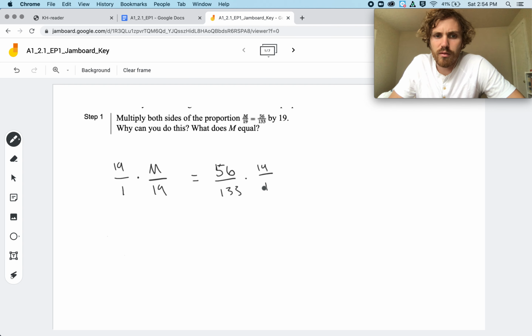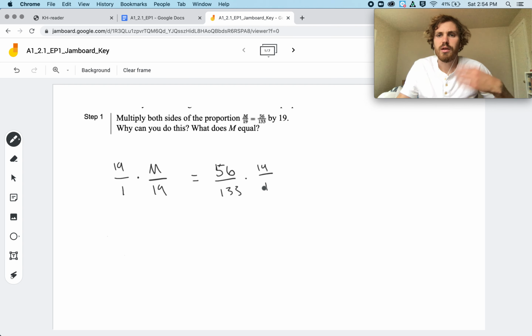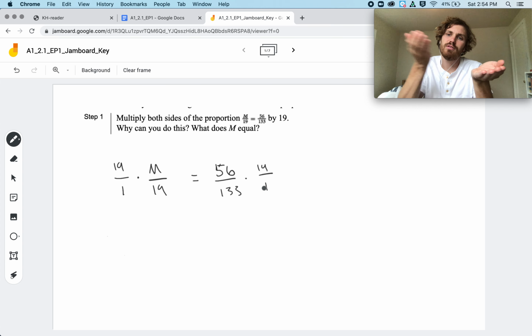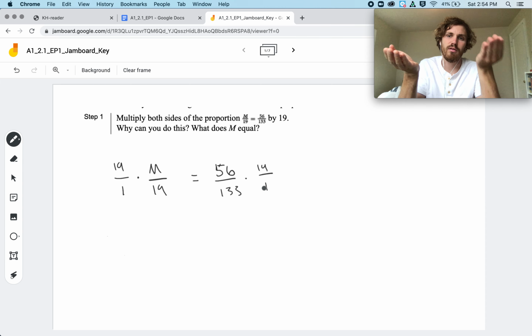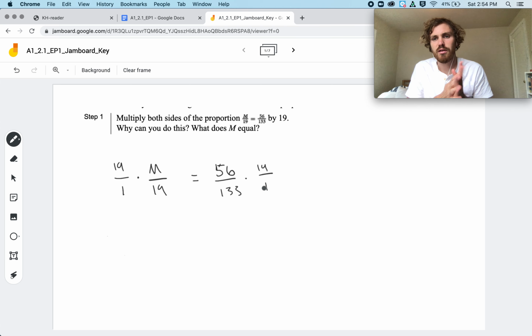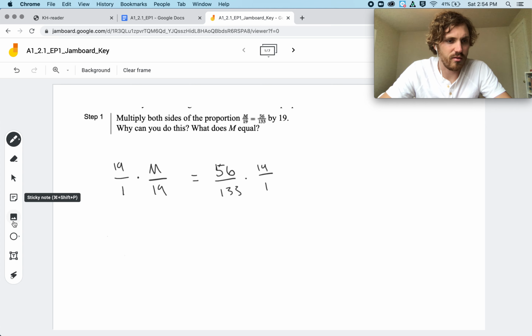So why can we do this? Well, we have an equation, it's balanced, right? So like if 2 equals 2, that's a balanced equation. And if we multiply both sides by 19, we'd get, say, 38 equals 38, which is still balanced. So we can always multiply both sides of an equation by the same non-zero number.